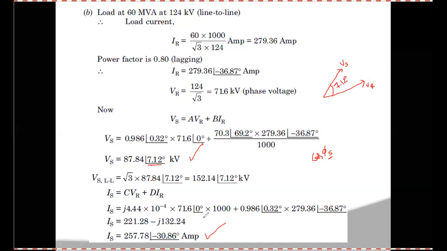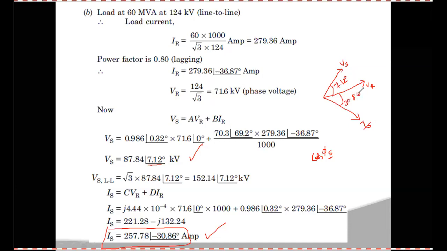And for the sending end current, the angle is negative here. That means this IS is lagging the reference. So this side you will get the sending end current, which has an angle of 30.86 degrees.